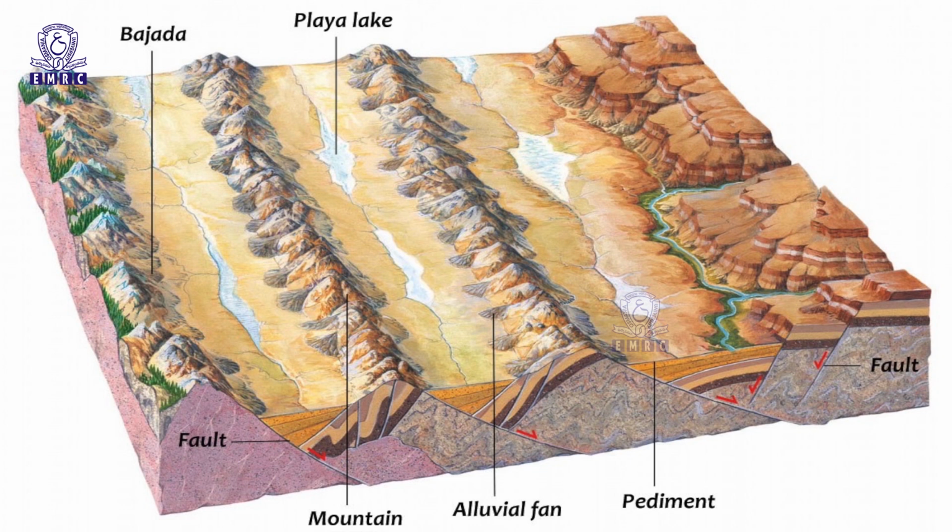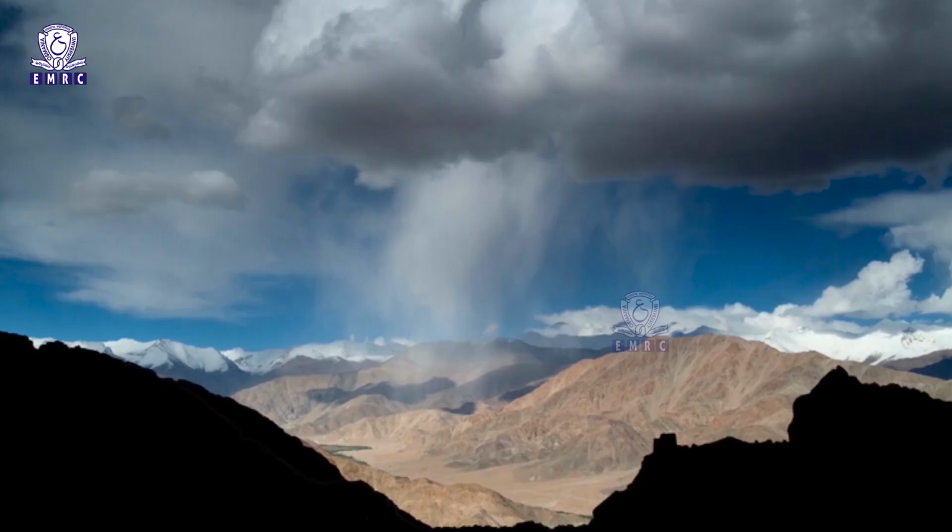Bajada is the gently sloping depositional plain between pediments and playa lakes. Bajada or bahada zone is characterized by fan-shaped deposits which extend up to the sides of the mountain. A sudden cloud burst gives heavy rainfall.